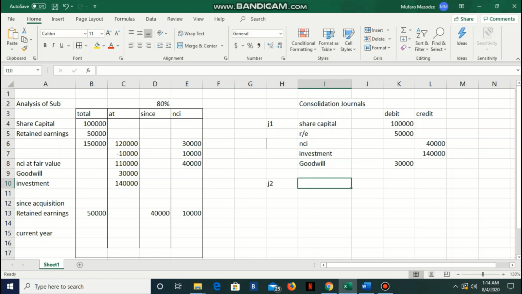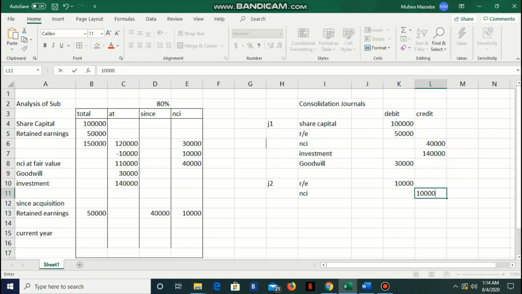This journal usually goes like debit retained earnings 10,000 rand and credit NCI 10,000 rand. And obviously don't forget, you always show what statements each of these legs affect. I'm just not going to do that now because then this video would be very long.